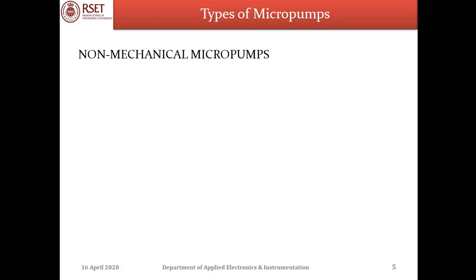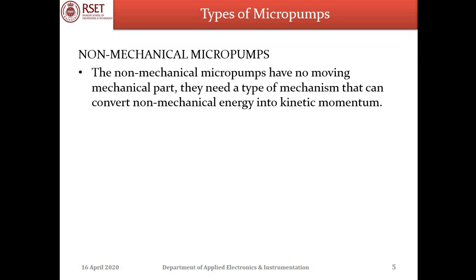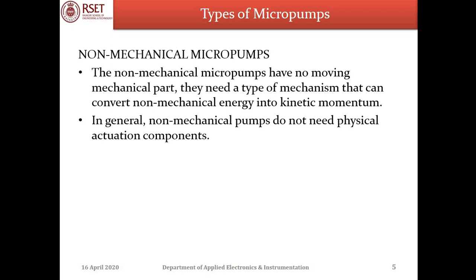Now the non-mechanical micropumps. The non-mechanical micropumps have no moving mechanical part. They need a type of mechanism that can convert non-mechanical energy into kinetic momentum. In general, non-mechanical pumps do not need physical actuation components.